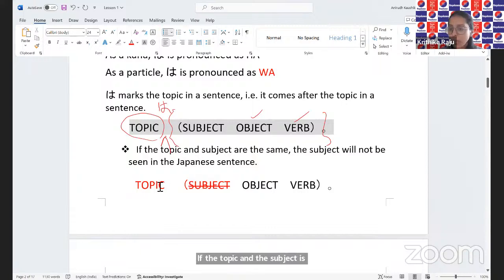Only the topic will be seen and then the rest of whatever is talked about. Since they are the same, it will be redundant. You're saying the same thing again and again. So only the topic. You will not mention the same thing as a subject and talk about it. So this is a rule.